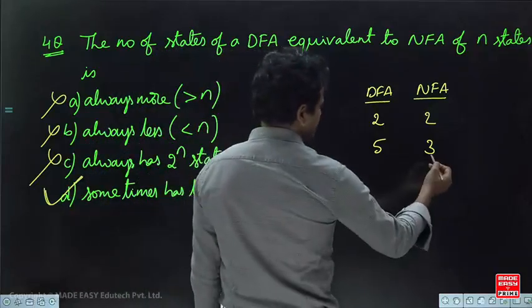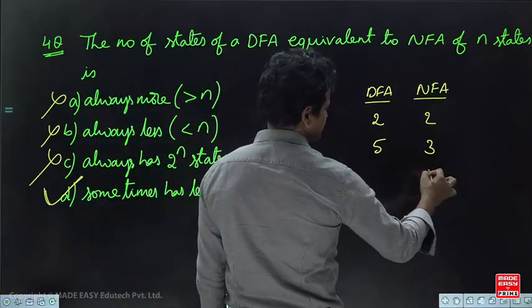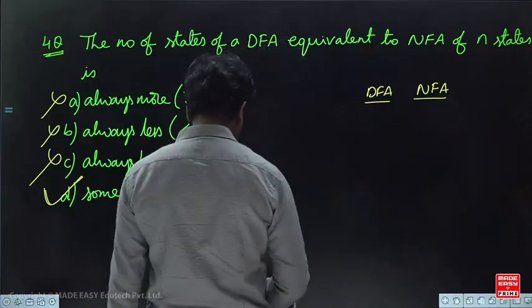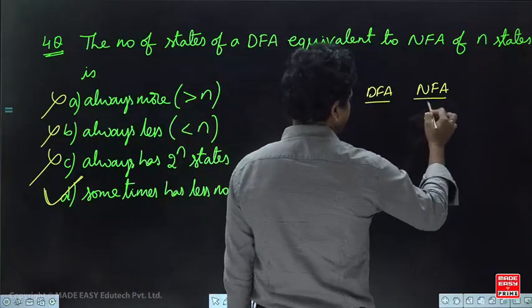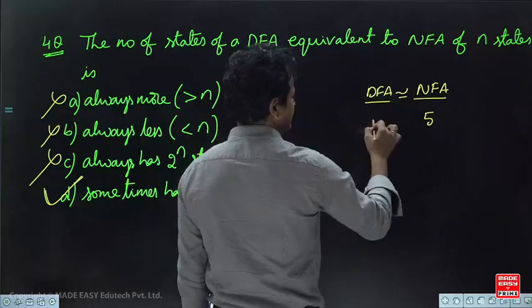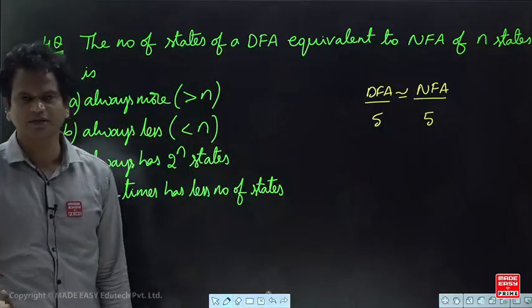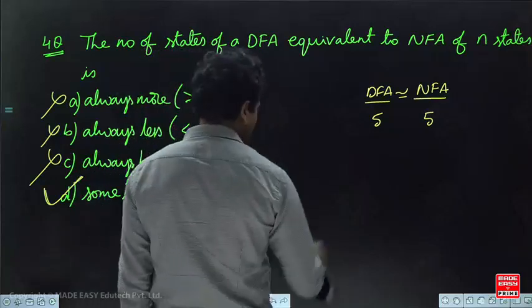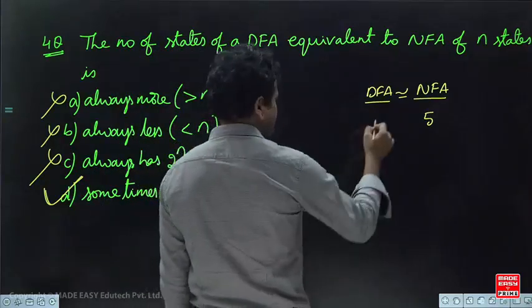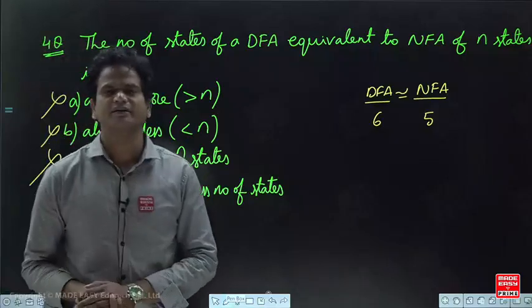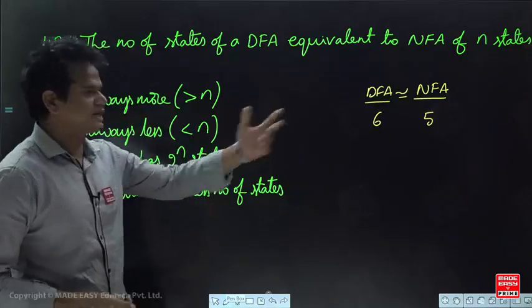Suppose there is an NFA with 5 states. And if I convert it into a DFA, I get 5. Equal is possible, right? Suppose, let it be 6. I have 6 states. More is possible, right? Are you following? I have taken an NFA with 5 states and converted it into a DFA.